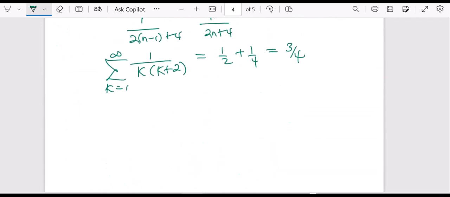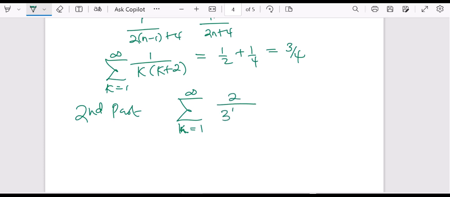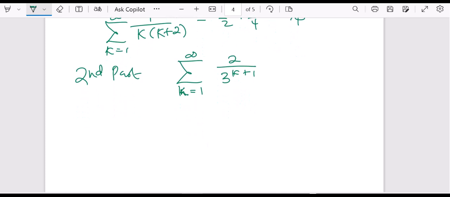Now we take the second part, which is the sum from k equals 1 up to infinity of 2 over 3 power k plus 1. Let's investigate.